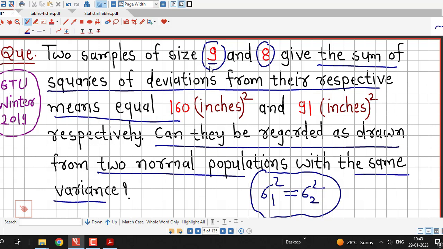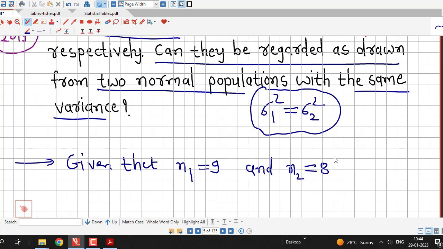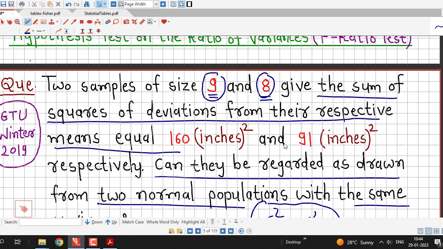Here we have two samples of sizes 9 and 8. So first we write down whatever is given in terms of our notations. Given that, suppose we consider first sample size as n1 and n2 equal to sample size for second sample. And here sample variances are not given, but they have given the sum of squares of deviations from their respective means.